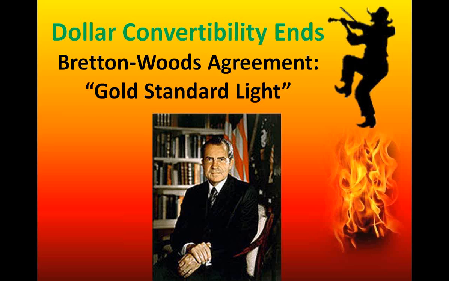This ended in 1971 when Nixon determined that the amount of countries demanding gold was going to wipe out the U.S. Treasury, so he ended convertibility once and for all. Now, why were these nations demanding gold? Because they realized that their paper was soon going to be worthless.